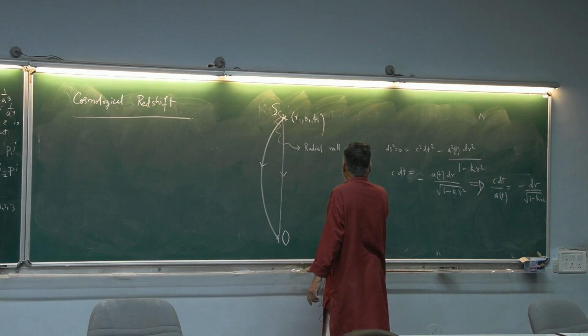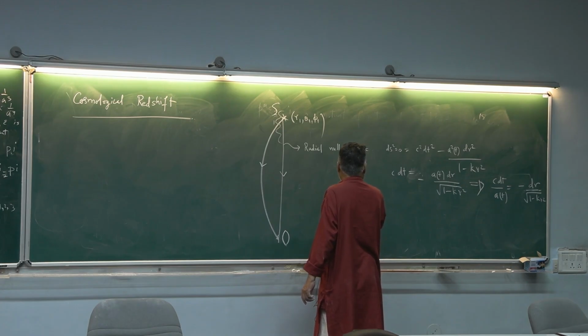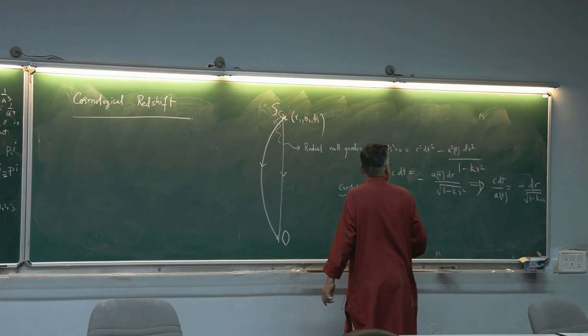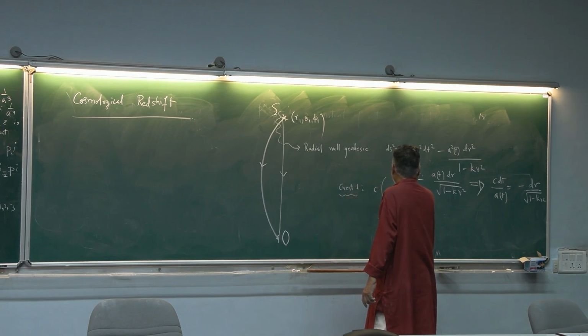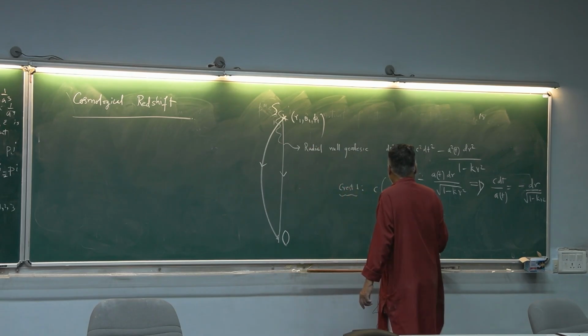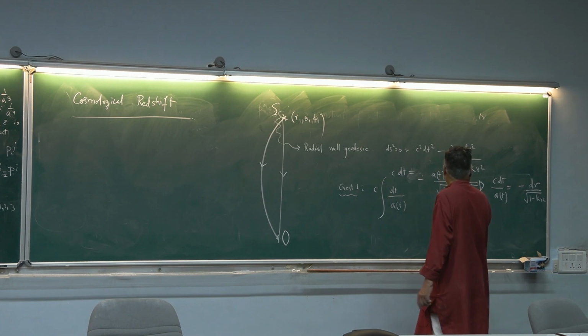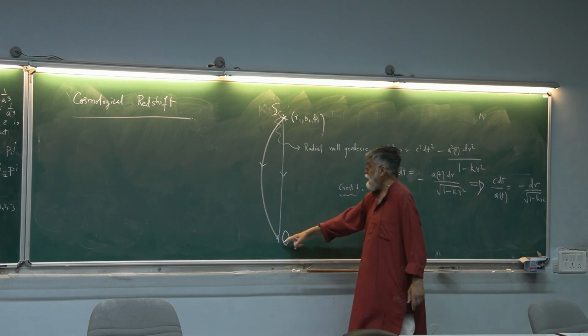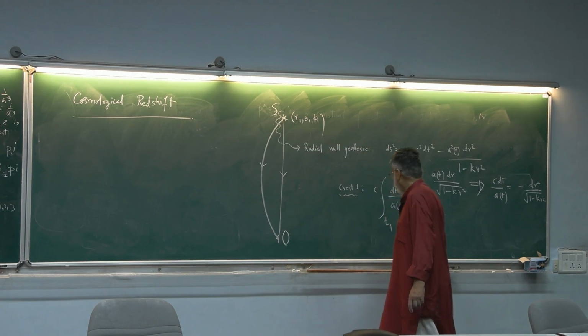So for crest 1, the equation will be c integral dt by a of t, started at time t1 and reaches me at time t0.